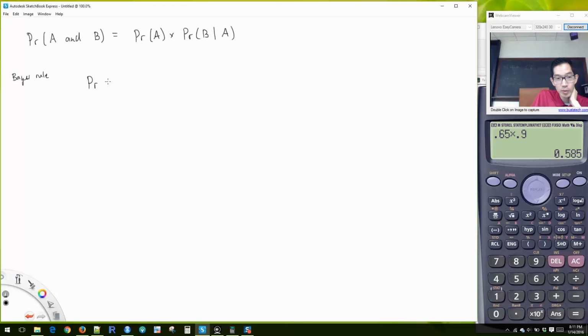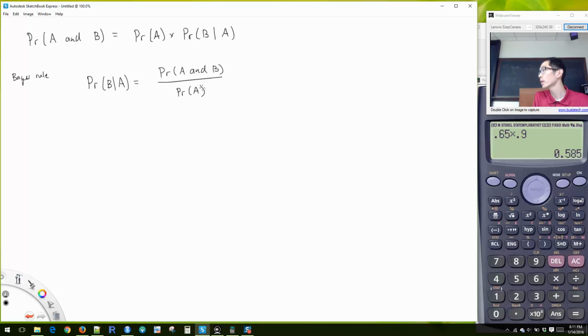We can say the probability of B given A is equal to the probability of A and B divided by the probability of A. All I've done is divide both sides by the probability of A. And so now I can get this thing by finding this.